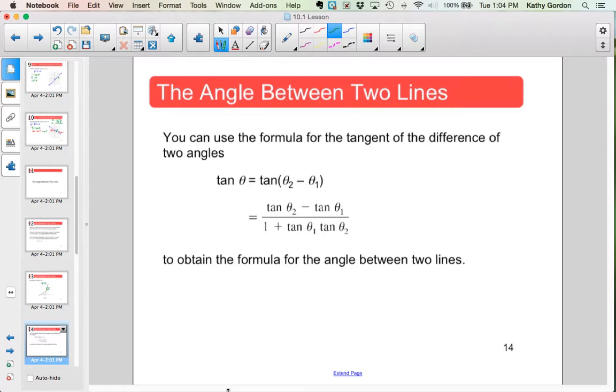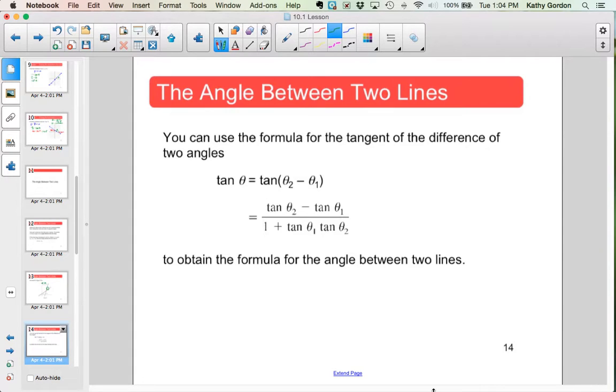It's nothing mystical. Okay? It's just the identity. So we're taking the tangent of theta 2 minus the tangent of theta 1, and then over that is 1 plus the tangent of theta 1 times the tangent of theta 2. Okay? Now, that doesn't look like we made things easier, but we actually did.